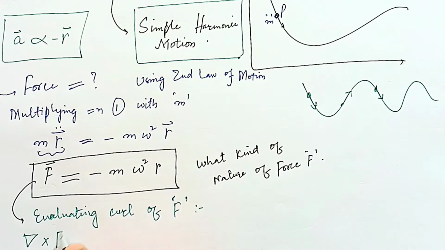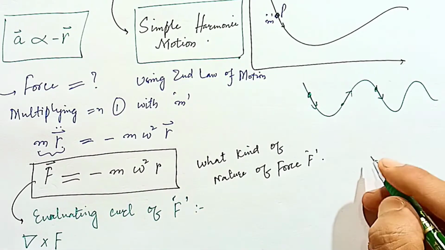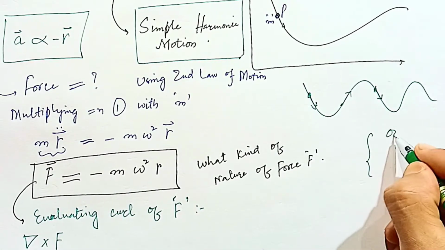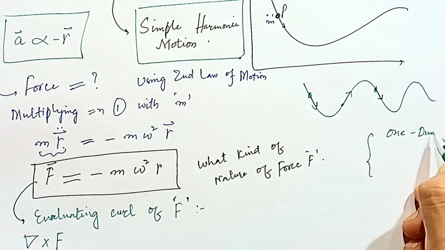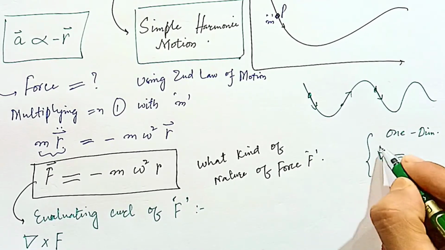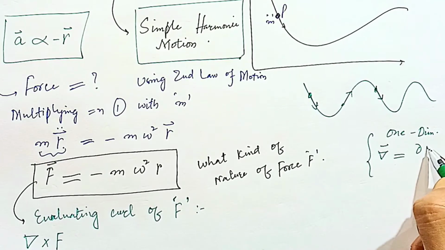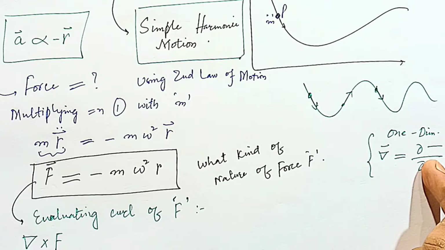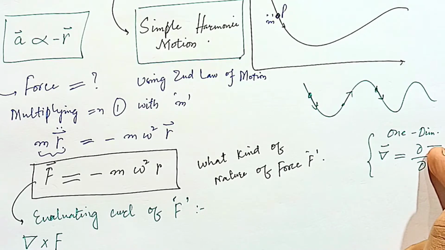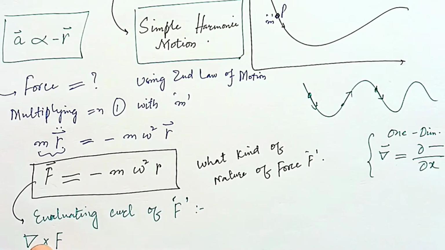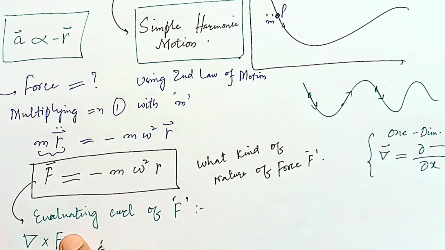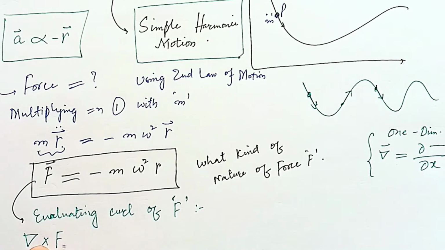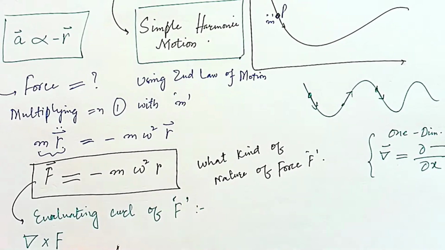So what is curl represented as? Del cross F, and del in one-dimensional motion is d of something with respect to x, that is the differentiation of that quantity with respect to x. In two dimensions, it is d of something by dx plus d of something by dy. That is differentiating with respect to x, and then again differentiating with respect to y.